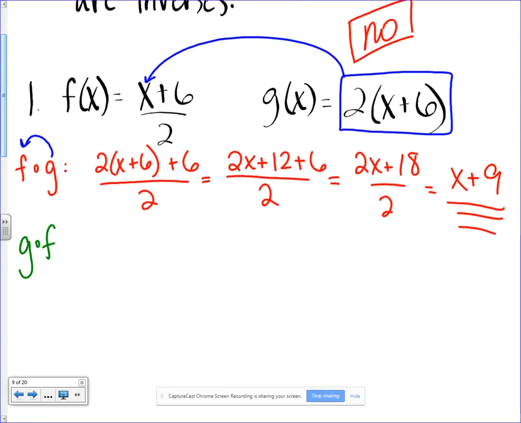So this means I'm going to take the f function and now put it into the g function. So I'm going to take this f function and I'm going to put it into the g function. And it will look something like this.